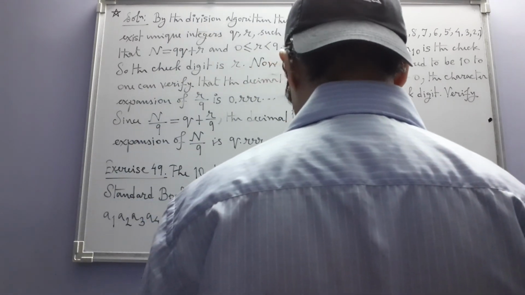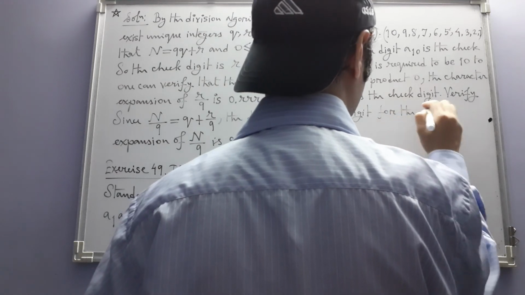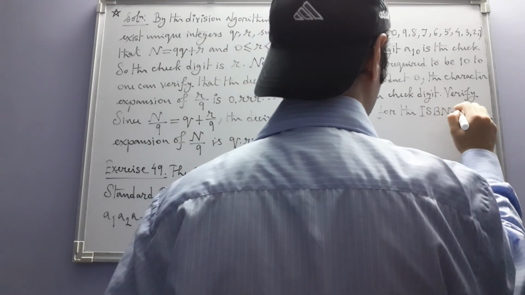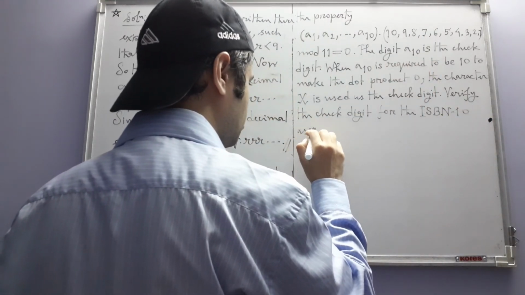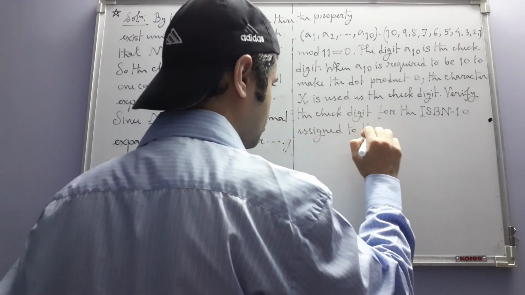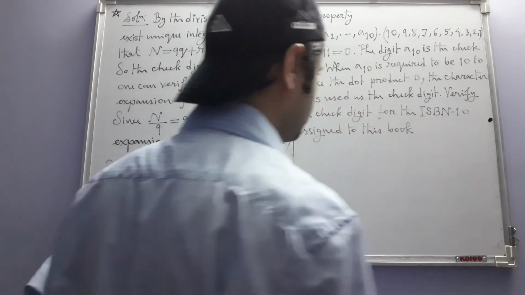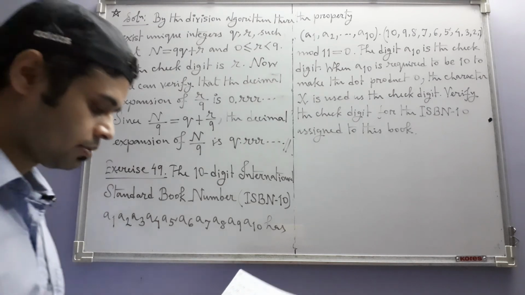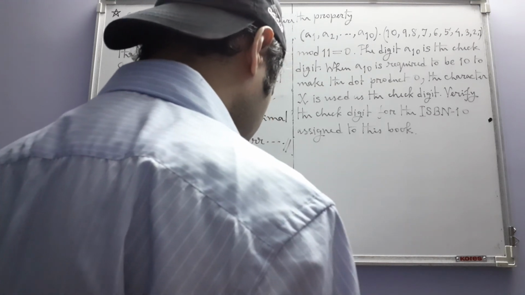Verify the check digit for the ISBN 10 assigned to this book, contemporary abstract algebra, from where we are taking all the exercises.